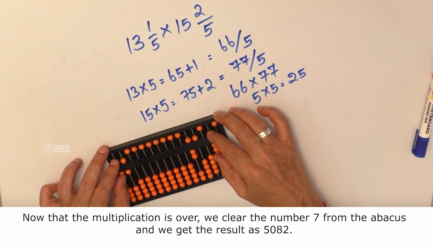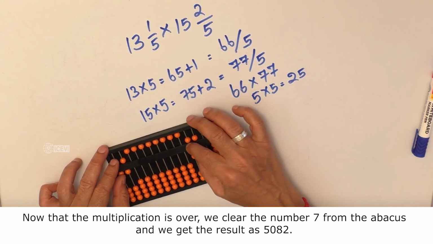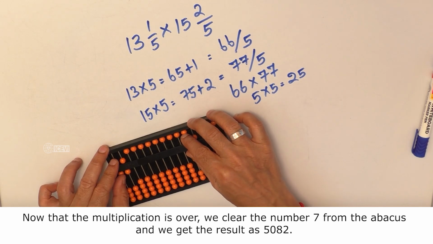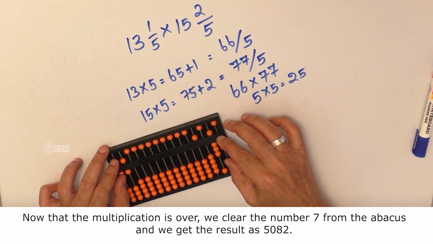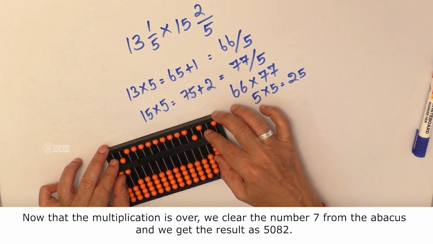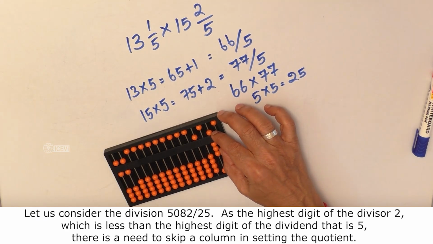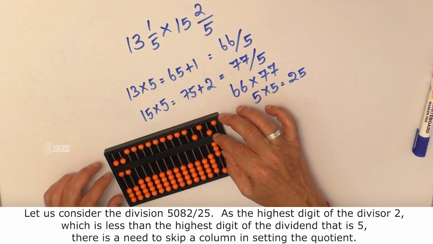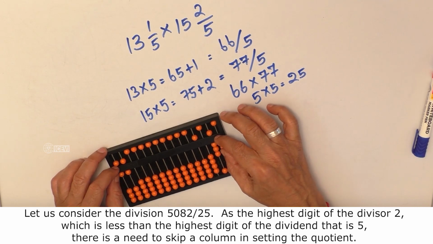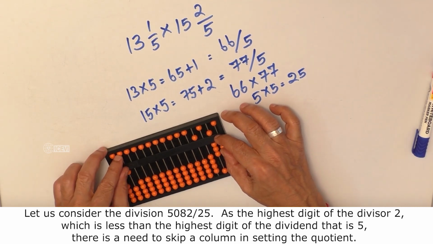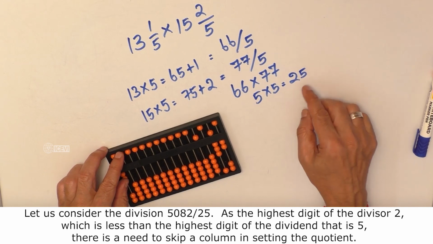Now that the multiplication is over, we clear 7 from the abacus and we get the result as 5082. Let us consider the division: 5082 is the dividend and the divisor is 25.